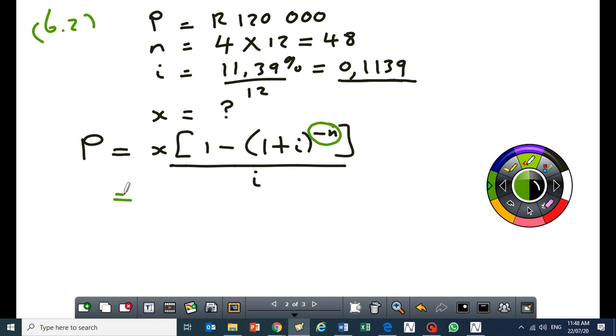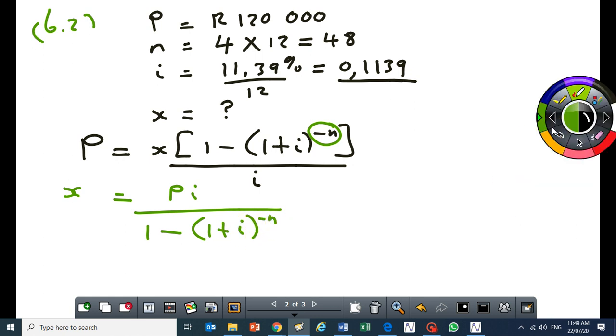Now, if I want to make x the subject, I'll just say x will be equal to P times i, all over 1 minus 1 plus i raised to the power of minus n. And then I'll substitute.